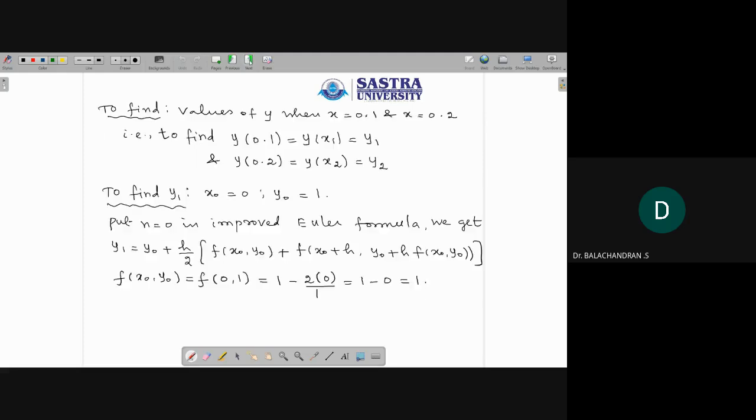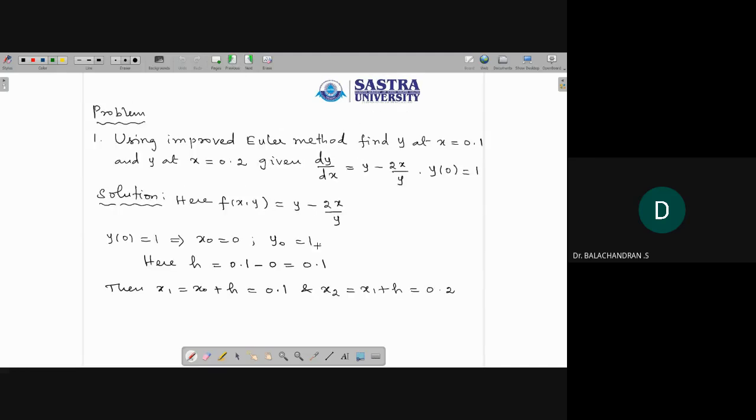Now, we need to find the values of y when x is equal to 0.1 and x is equal to 0.2. That is, we need to find y of 0.1, that is y1, and y of 0.2, that is y2. Okay, to find y1, first you should take x naught equal to 0 and y naught equal to 1. So that is this value.